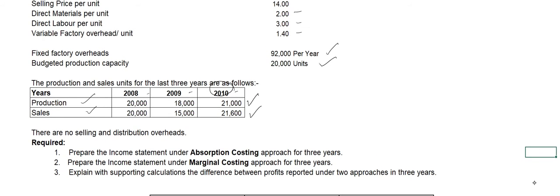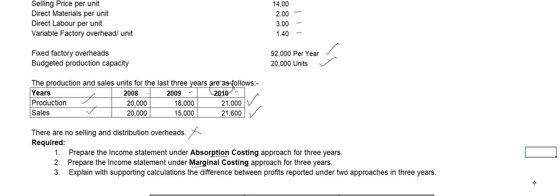There are no selling and distribution overheads, so you have only fixed factory overheads. You are required to prepare the income statement under the absorption costing approach for 3 years, and second, prepare the income statement under the marginal costing approach for 3 years.